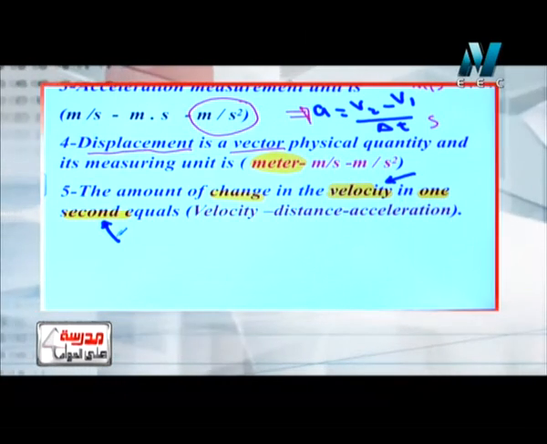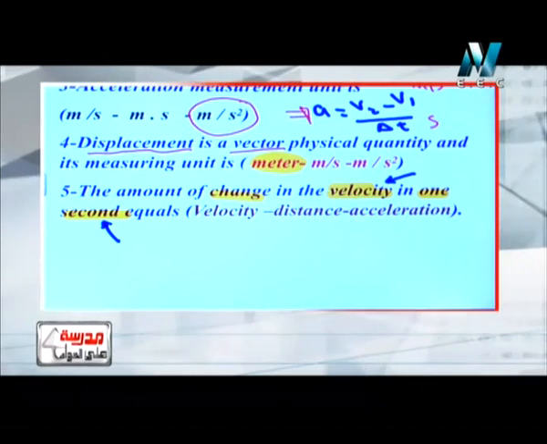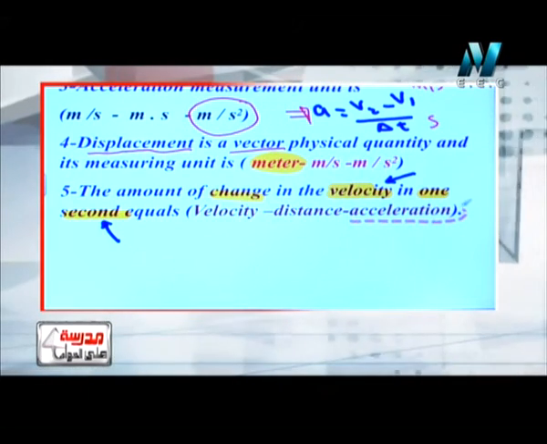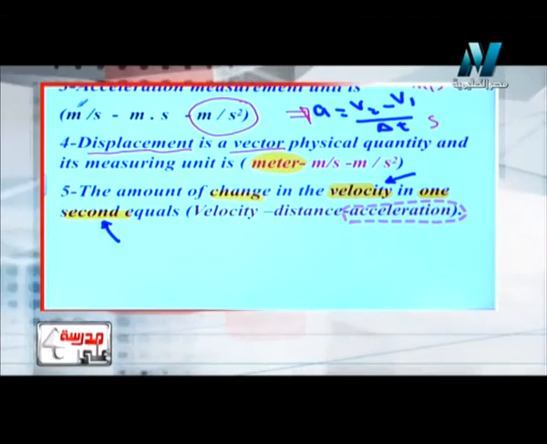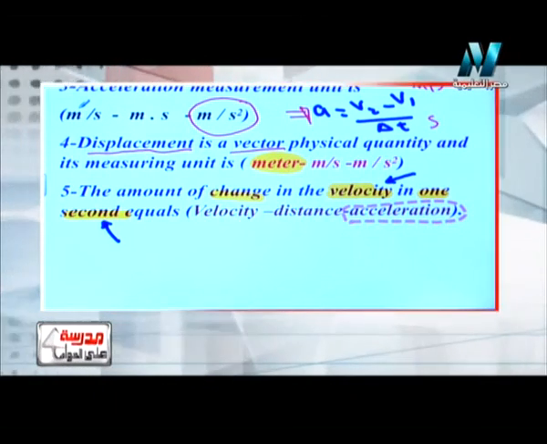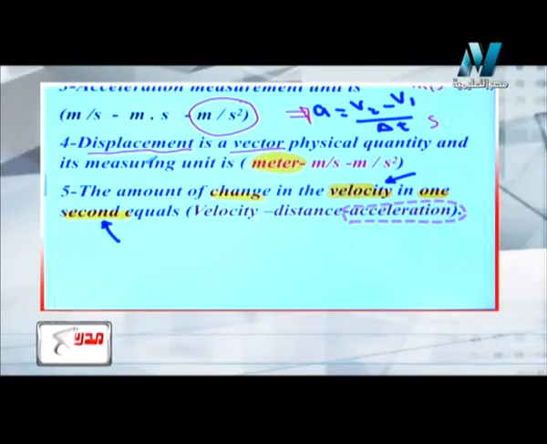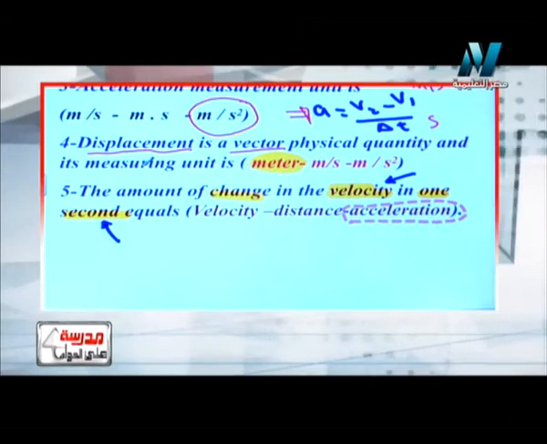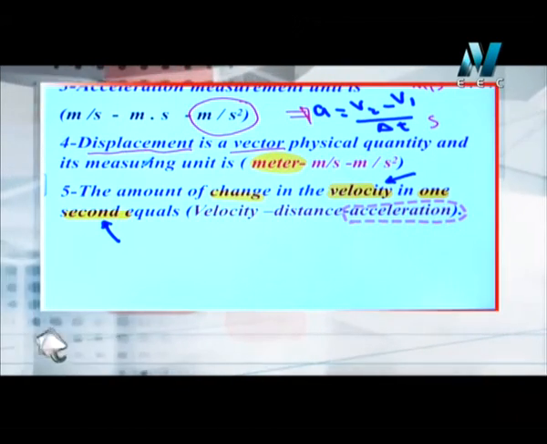So we have acceleration here as number 3. As we studied before, we know a change in velocity in 1 second as acceleration, and we say change in speed in 1 second as acceleration also.